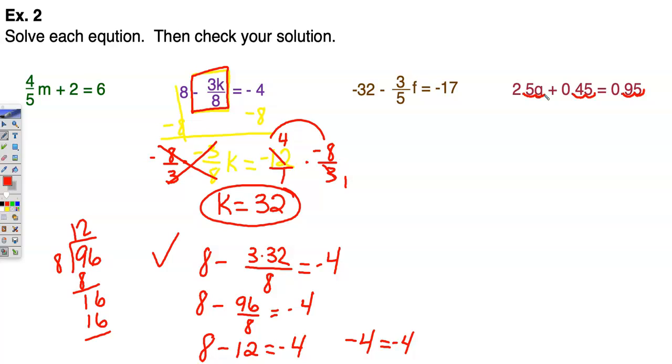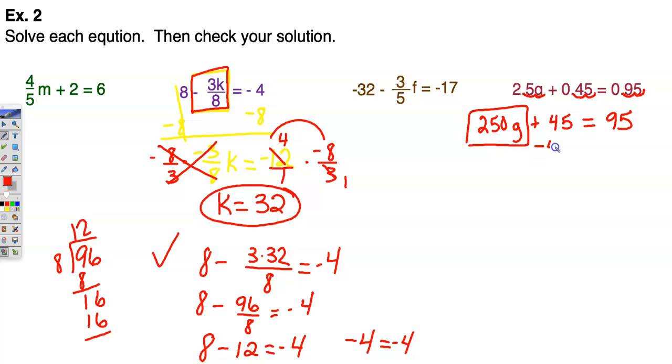But one thing you want to be careful, make sure you've done any distributive property first before you try this. So 2.5 moved over 2 spots is now 250. 0.45 moved over 2 is now 45, and 0.95 is now 95. So that already looks a little bit easier.